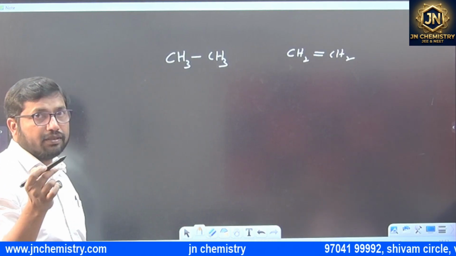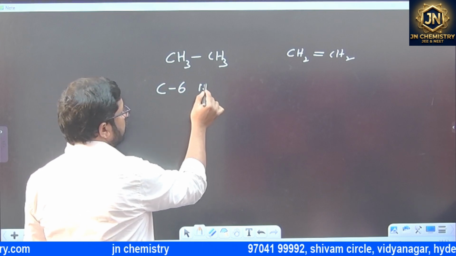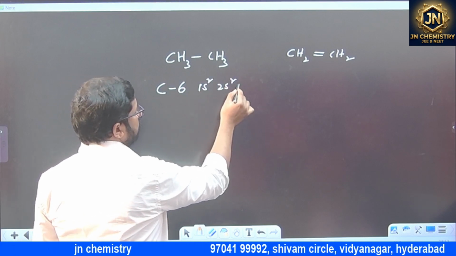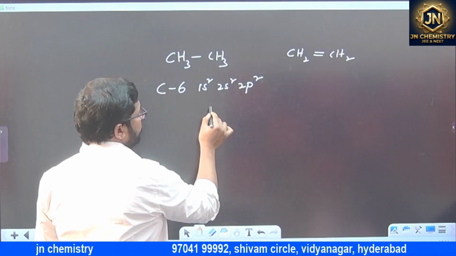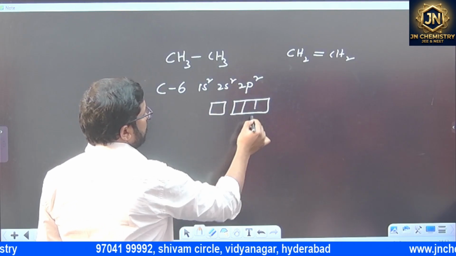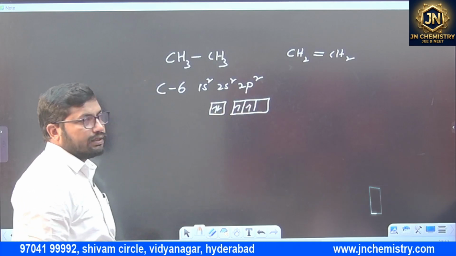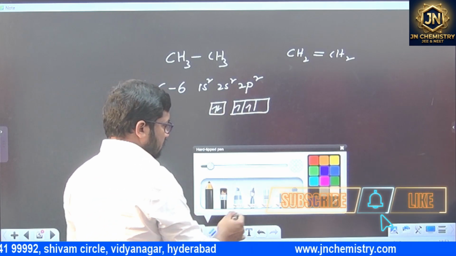Now carbon atomic number is 6. 1s2, 2s2, 2p2. So 2s2, 2p2, like this. This is ground state electronic configuration.